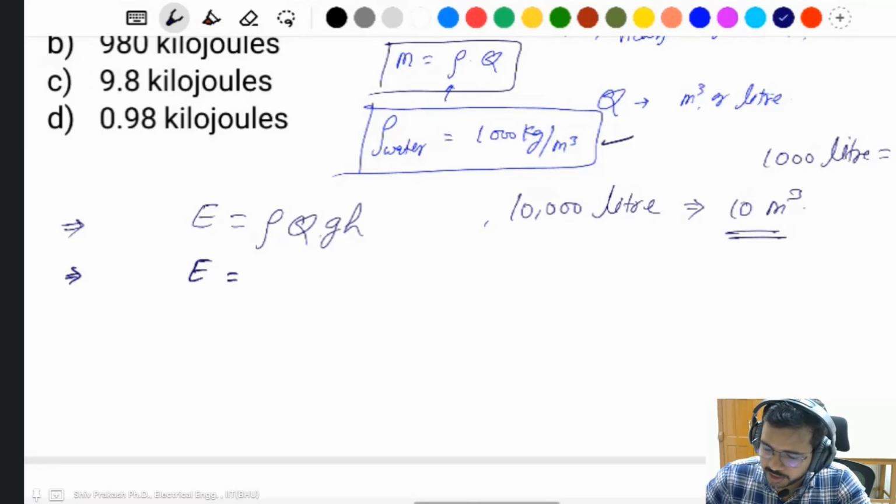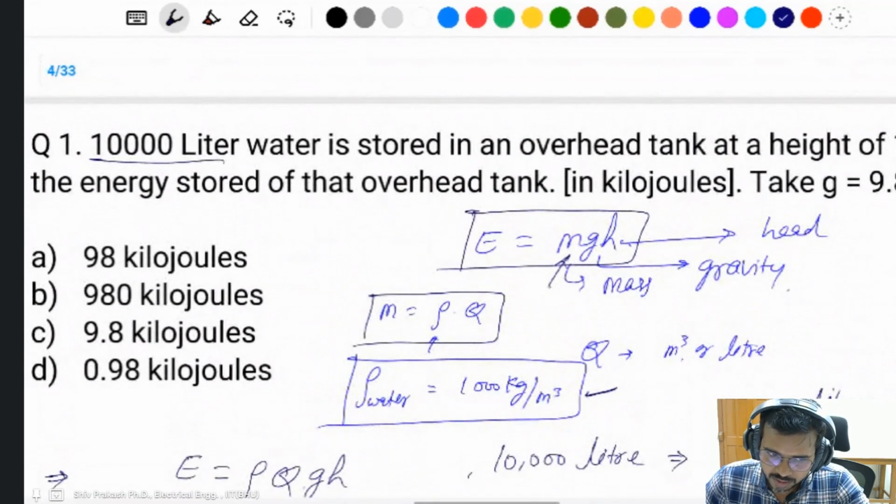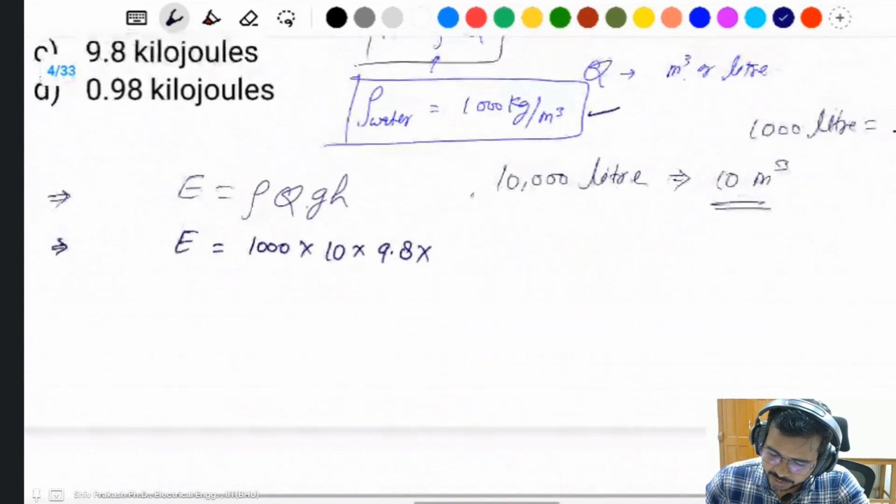Rho is 1000 kg per meter cube, the density of water. You can take it directly. Q is 10 meter cube. g is 9.8, and the head is given as 10. The overhead tank is given at a height of 10 meter.